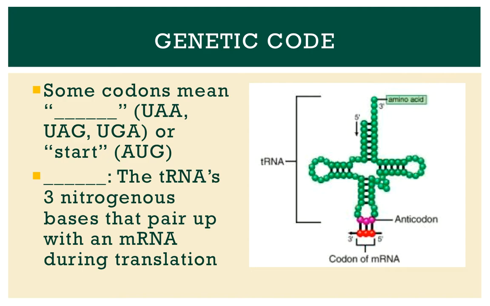But anticodons, the tRNAs, are 3 nitrogenous bases that pair up with mRNA during translation. So start and stop codons are very important in protein synthesis. Without them, it would go on uncontrollably and never stop, which would result in some unfortunate folding of proteins, which would be bad.